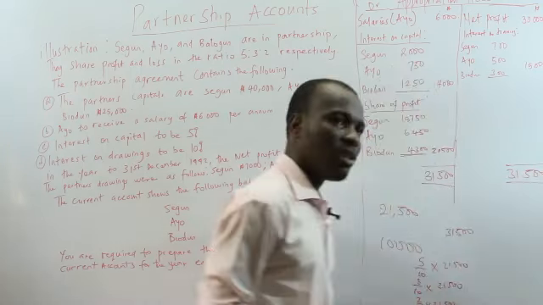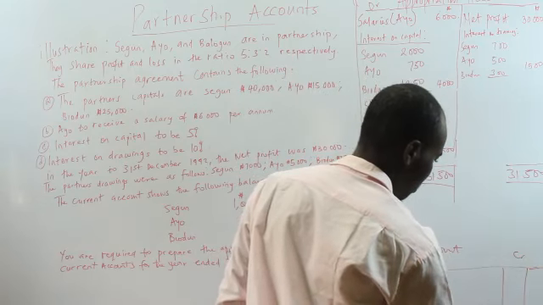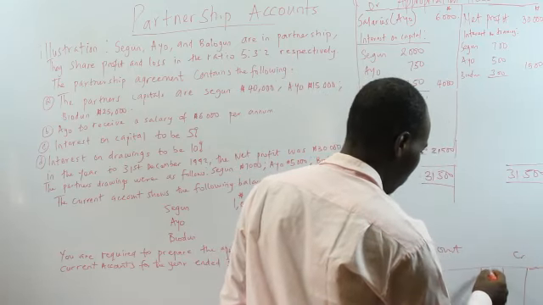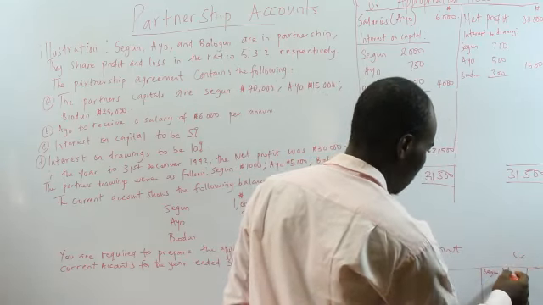How many partners do we have? This is debit. We have 3 partners: Segun, Ayo, and Biodun.